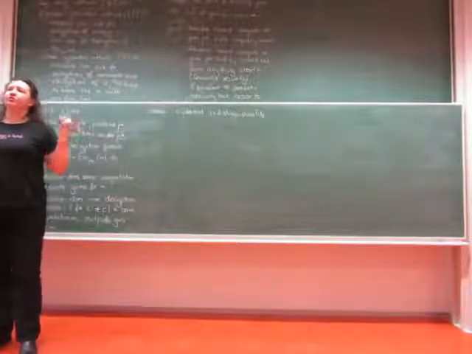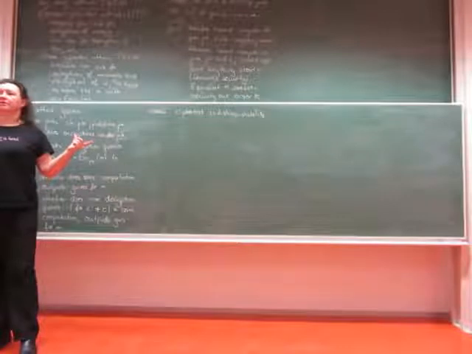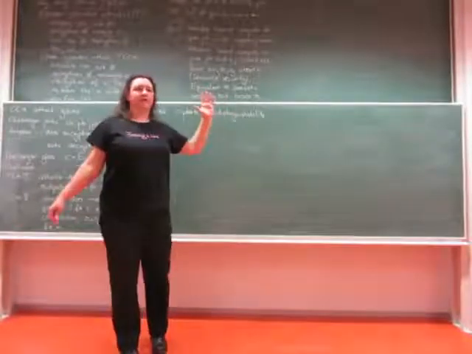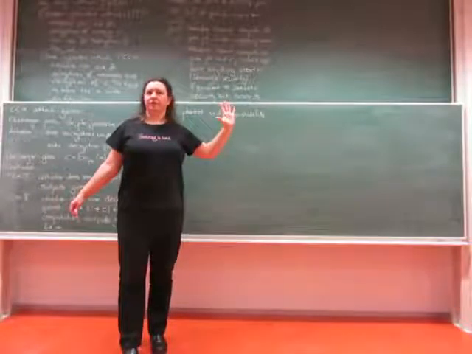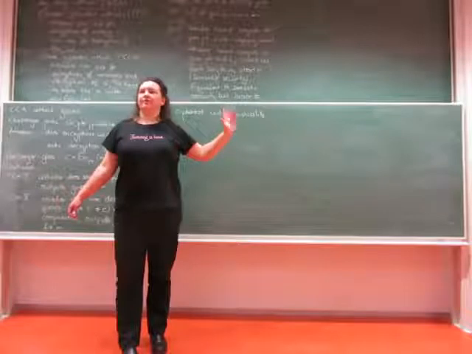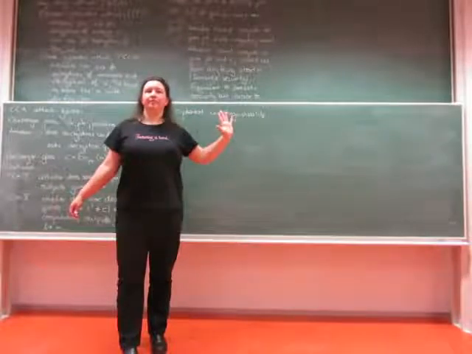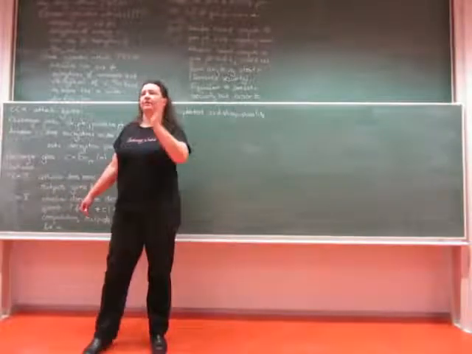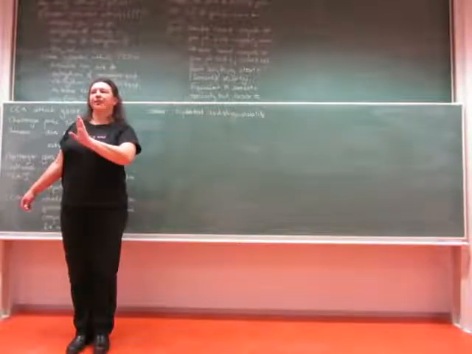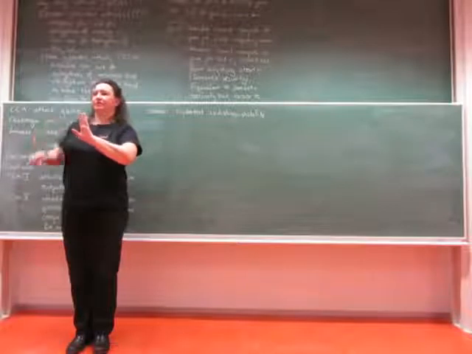So the attacker chooses two messages, gives both of them to the challenger. Now the challenger decides which one to take, encrypts that one, and sends it back. And then the attacker should not be able to know which one it was.